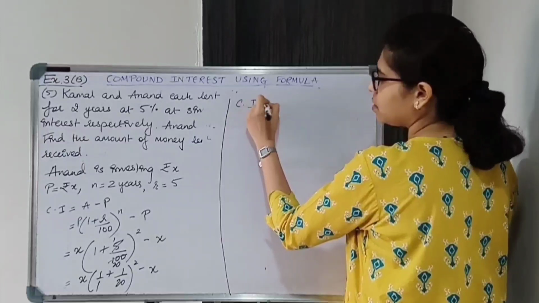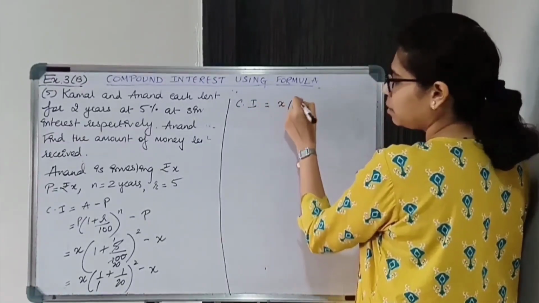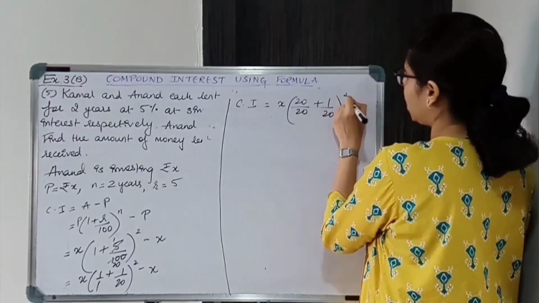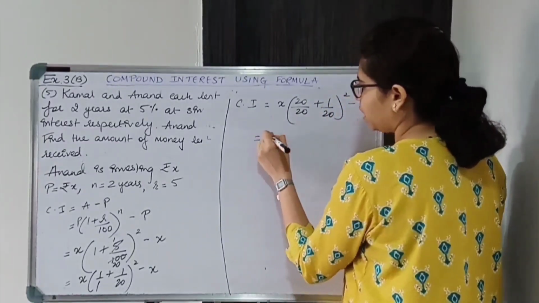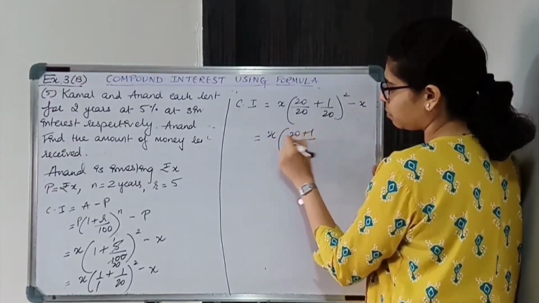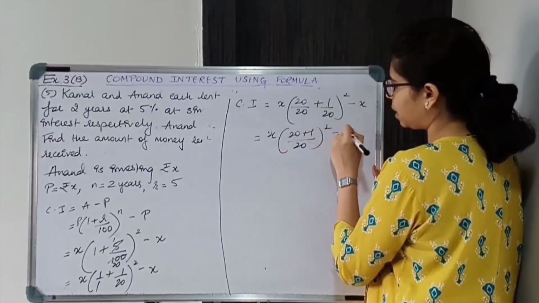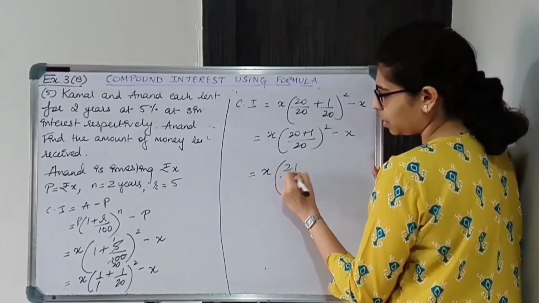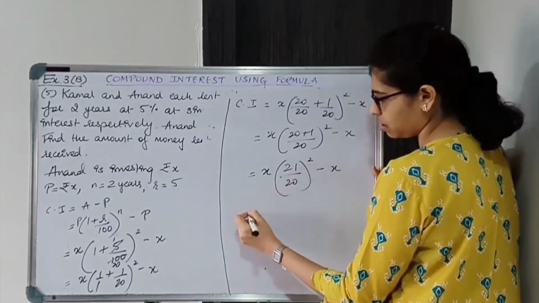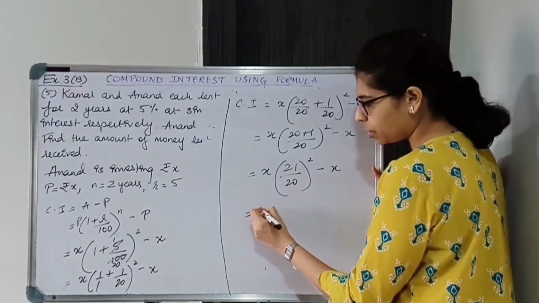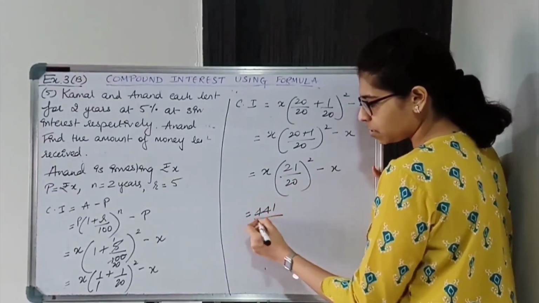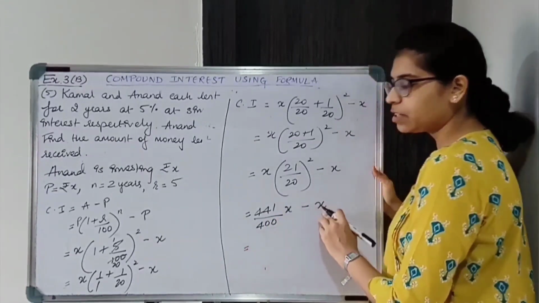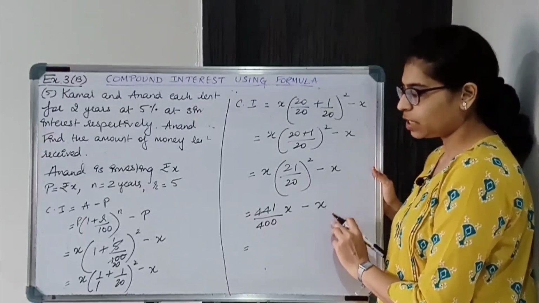So CI is equal to X into 20 upon 20 plus 1 upon 20 raised to 2 minus X. So we get X into 20 plus 1 upon 20 squared minus X. So X into 21 upon 20 squared minus X. Now 21 squared is 441 and 20 squared is 400, so 441 upon 400 into X minus X. Over here also we will take the LCM and equalize the denominators.